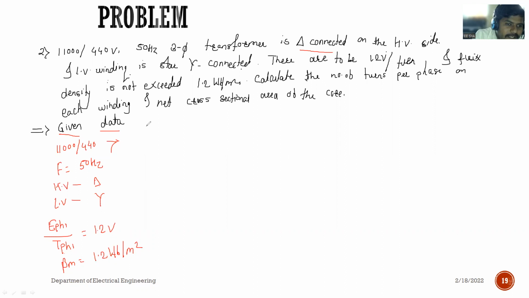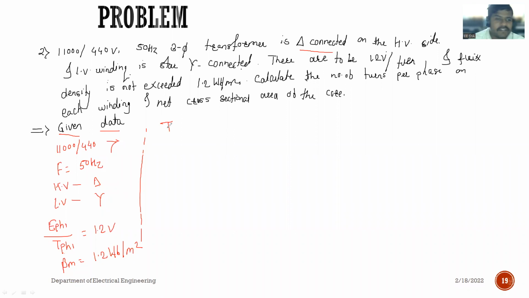What we want to calculate? Number of turns per phase on each winding. We want to calculate the number of turns per phase in each winding, that means on the HV winding and on the LV winding.